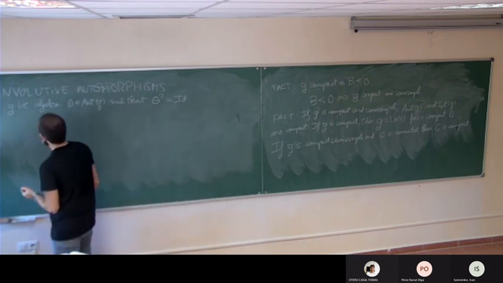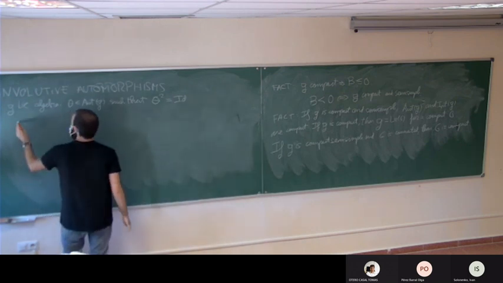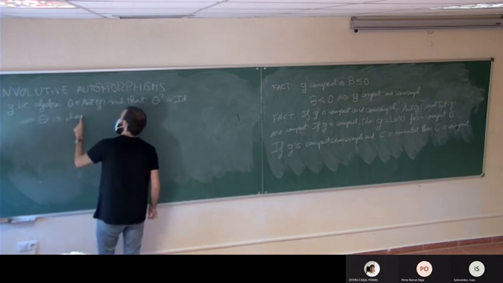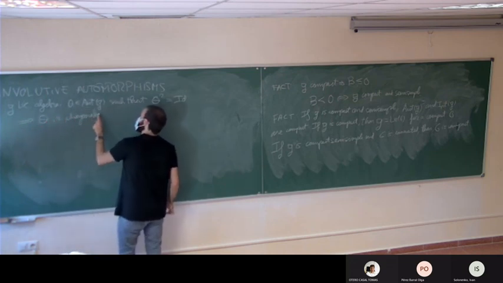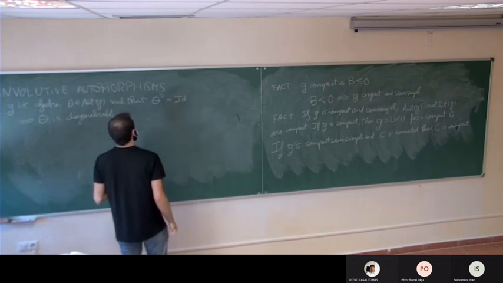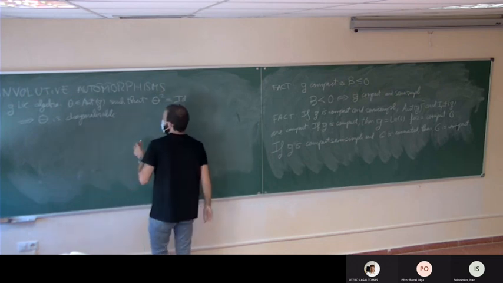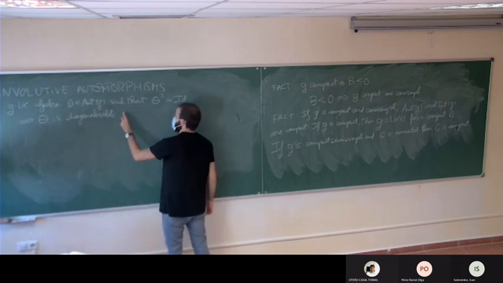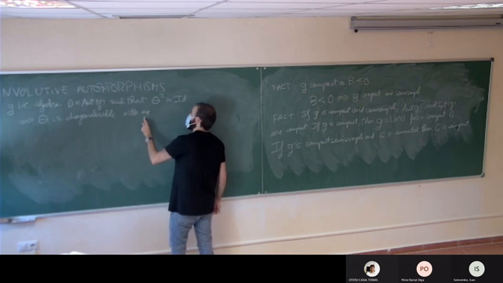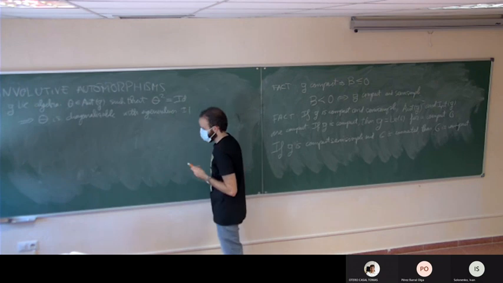So it's easy to see that such a map is always diagonalizable, with minimal polynomial x squared minus 1, or x plus 1 or x minus 1 if it were a multiple of the identity. So its eigenvalues are plus or minus 1.